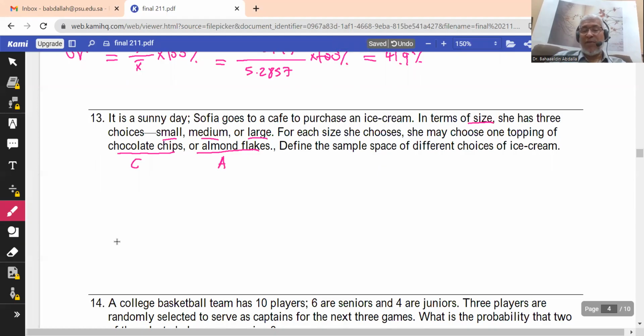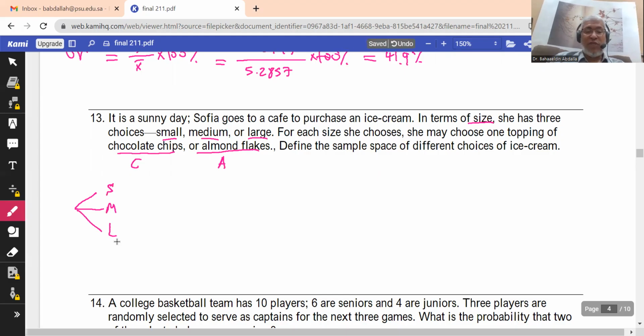Define the sample space. Okay, first, let us think Sophia is going now to the cafe and she will think of buying an ice cream. What choices does she have? Well, she can choose the size first. So she can choose a small size or medium size or large size.